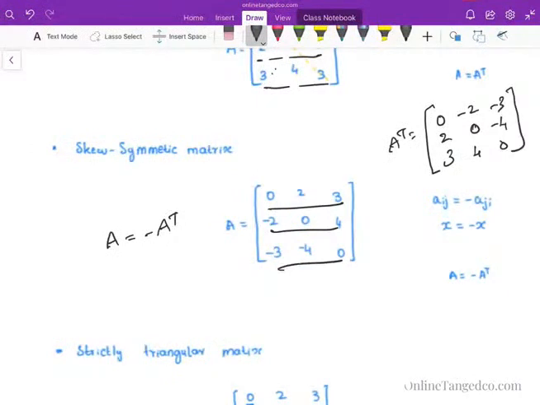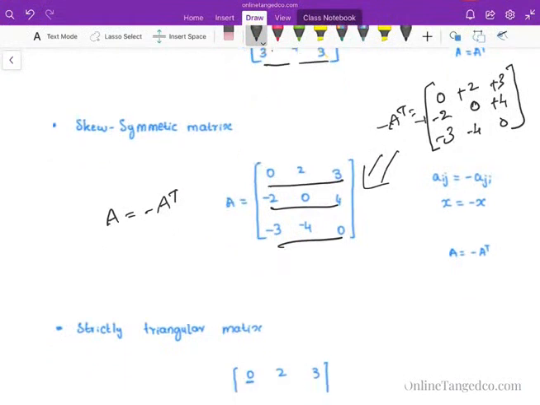As you can see, if you multiply this matrix by minus 1, that is equal to A. Just take this minus 1 inside, so plus 2, plus 3, and the signs flip. So A is equal to minus A transpose, which is nothing but a skew symmetric matrix.